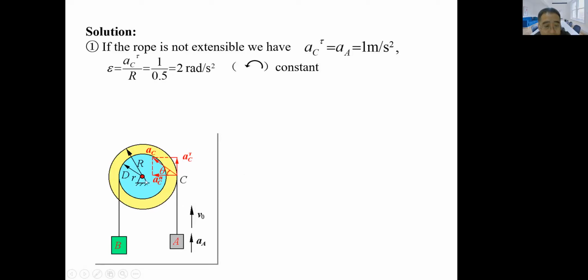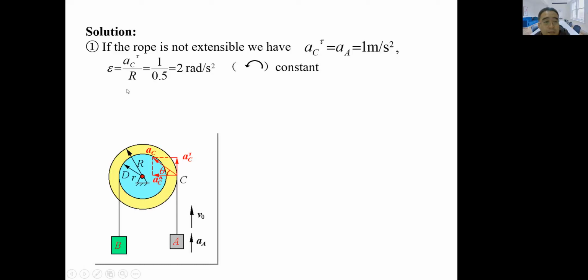Point C is a point on the wheel, the yellow one, so it will have a_C^tau and a_C^n. Because it is also a point on this rope, a_C^tau equals the acceleration of A, so a_C^tau equals a_A, which equals 1 meter per second squared.